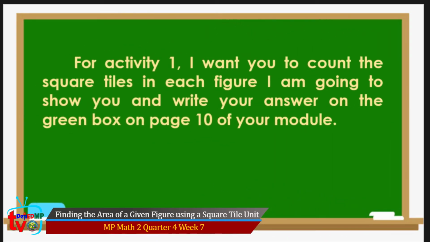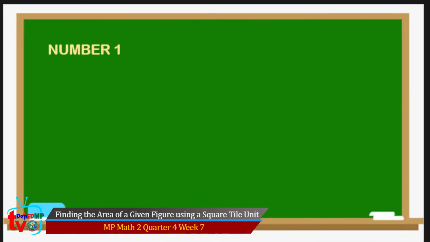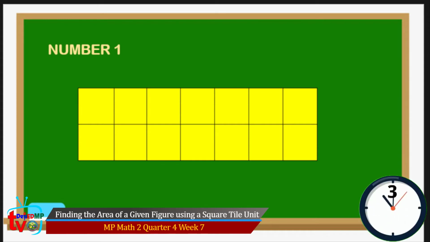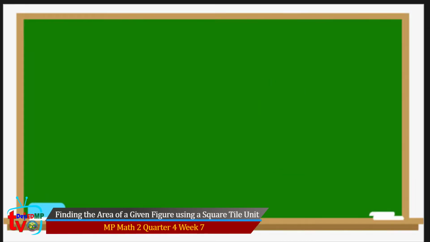For activity 1, I want you to count the square tiles in each figure I am going to show you and write your answer on the green box on page 10 of your module. Number 1. Number 2.